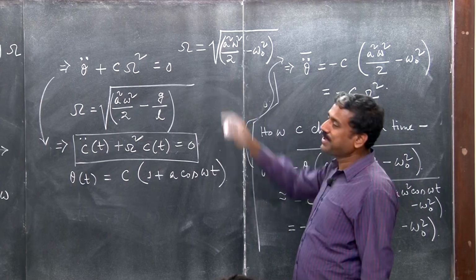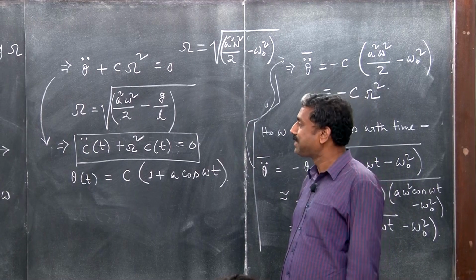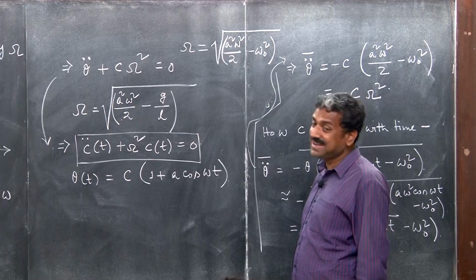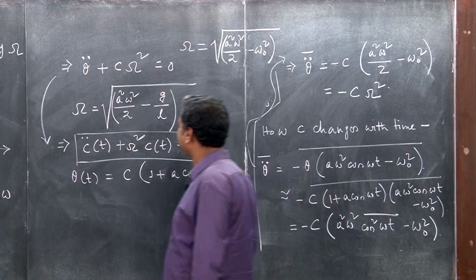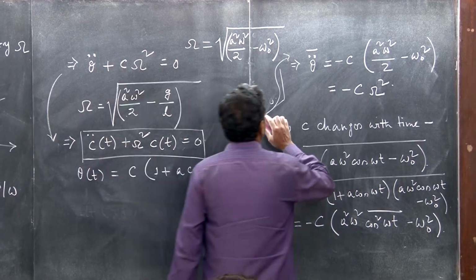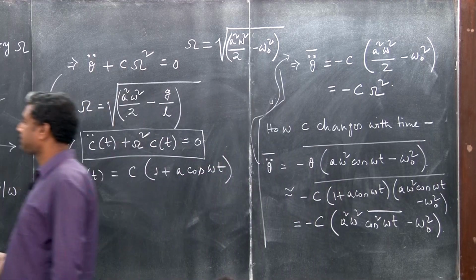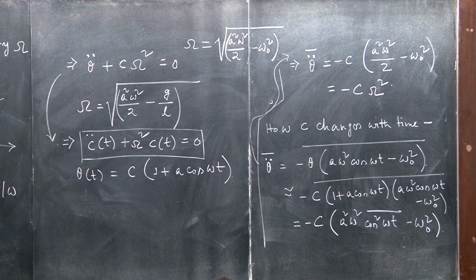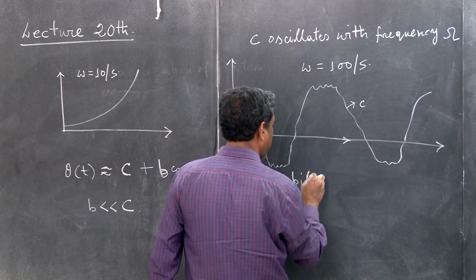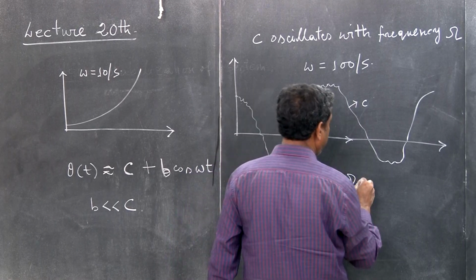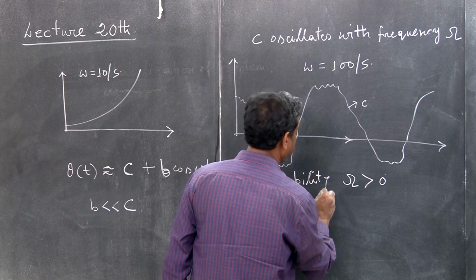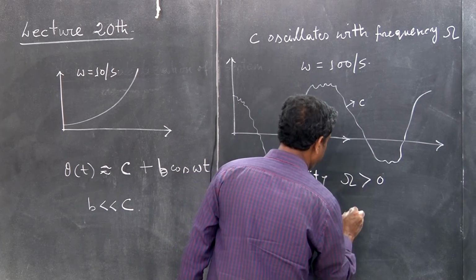See, when omega has some value, if a squared omega squared by 2 is greater than omega 0 squared, right? So for stability, what you see from here is that this must be greater than 0, and that is only possible when a squared omega squared by 2 must be greater than omega 0 squared.